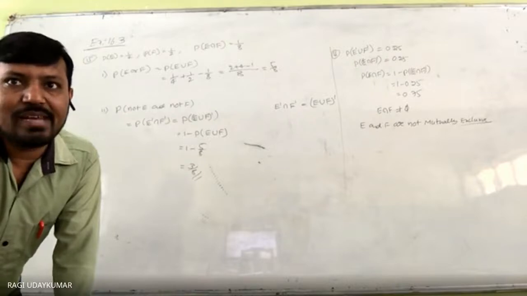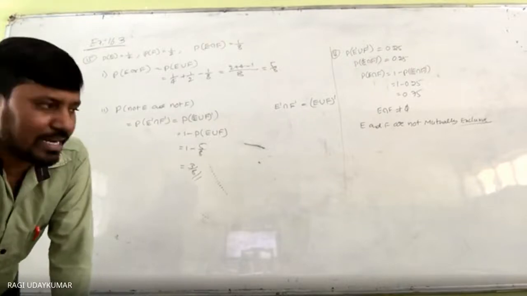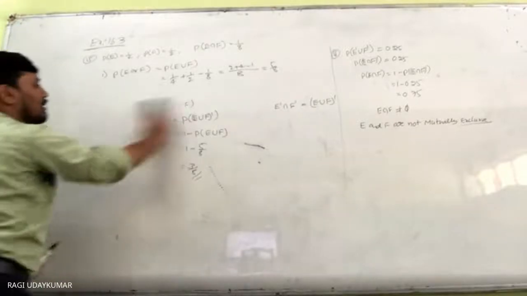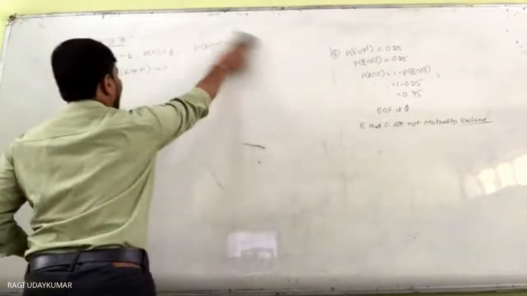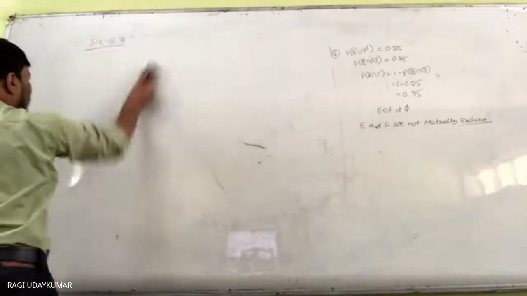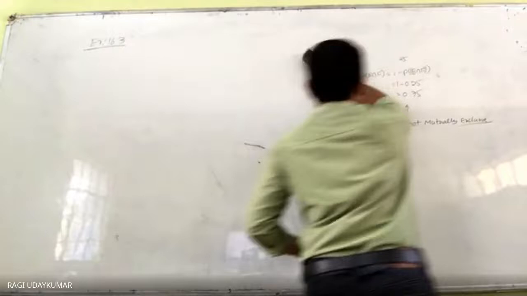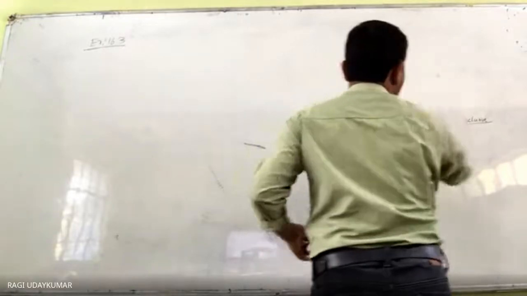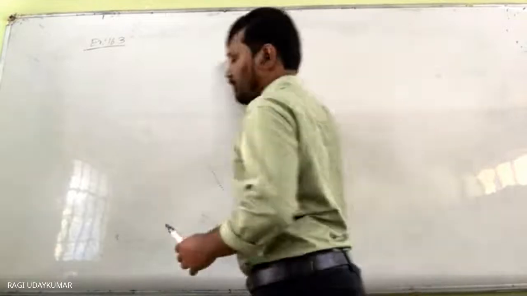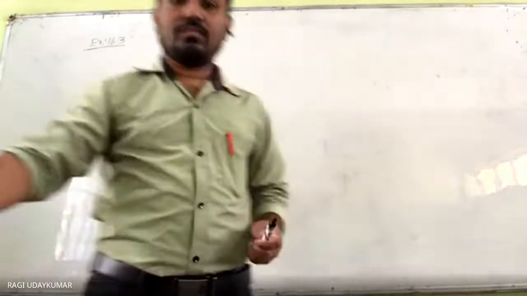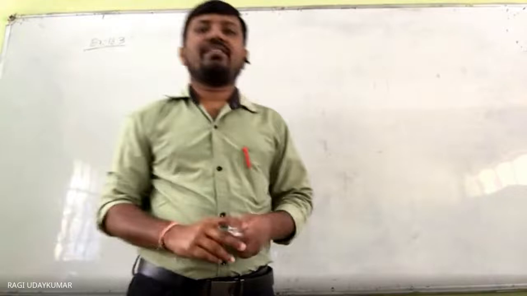Okay. So I will explain the 21st to you if you get confused. Let us see the 21st problem, the last problem of this exercise. What is the question given here?